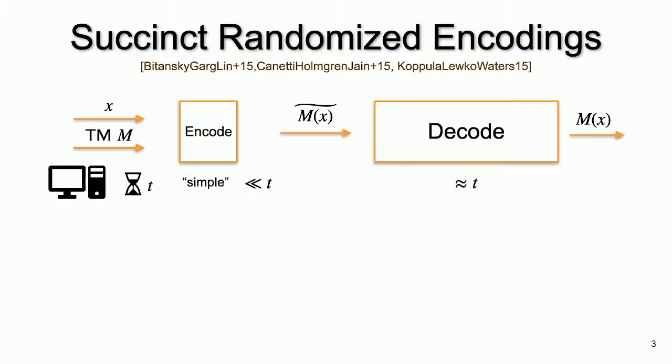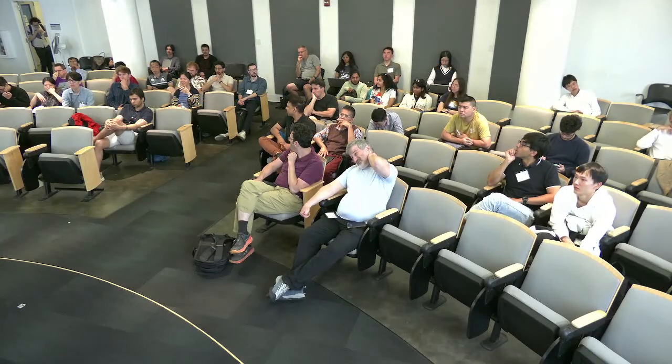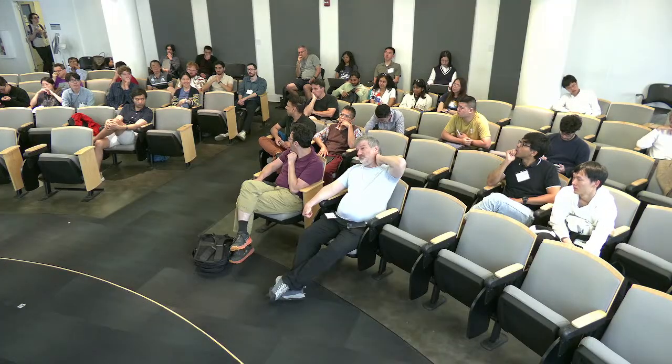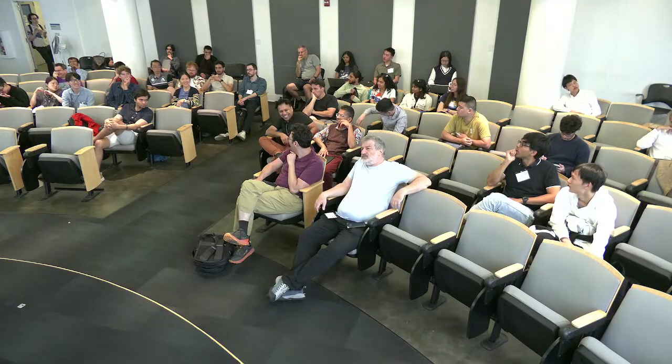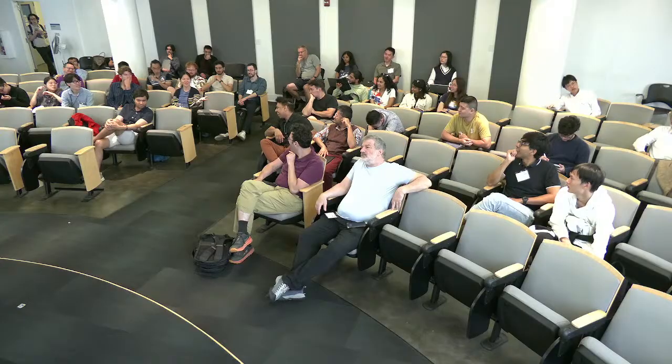There's another way to interpret succinct randomized encoding, which is the encoding size is small, but running time still goes with the complexity of the computation. So maybe better to separate these two different names. Let's call it succinct garbling, and then the succinct. Randomized encoding and garbling, the difference is garbling has a specific input format.